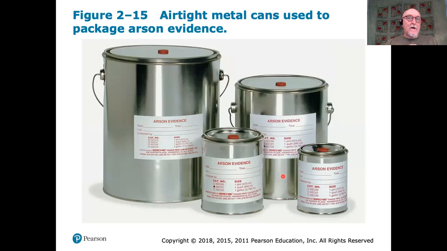And very, very often that gasoline, kerosene, the starter fluid is not completely burned. It actually soaks into the materials around it. And the surface of it burns, but the charcoal, wood, etc., that's left behind actually still has residue in it.